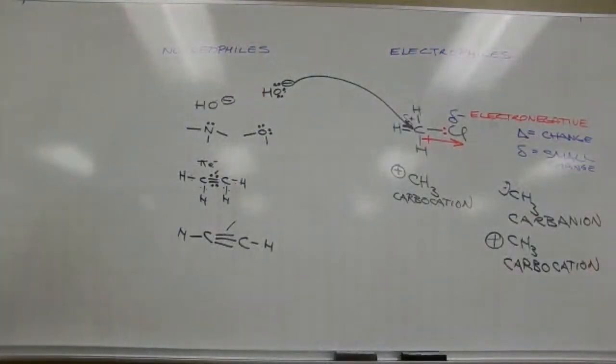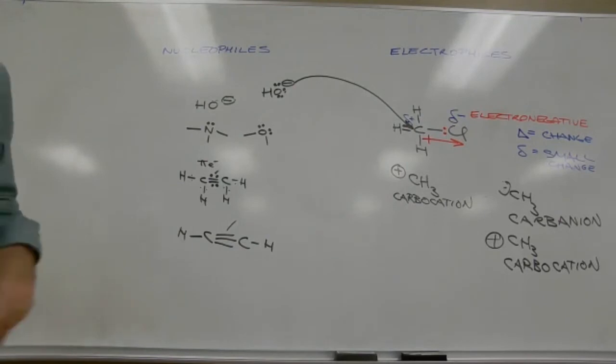And in a reaction, the nucleophile reaches out with a curved arrow and gives 2 electrons to the electrophile. The base reaches out and gives 2 electrons to the acid.